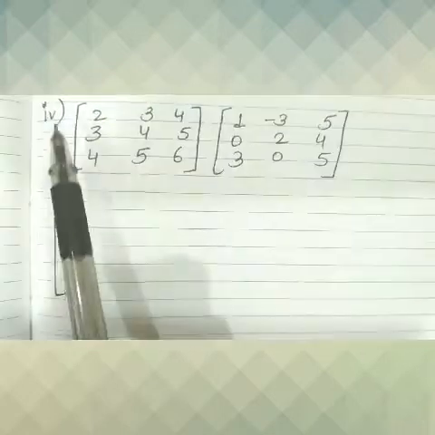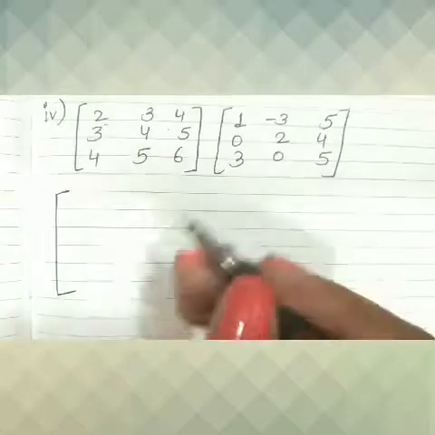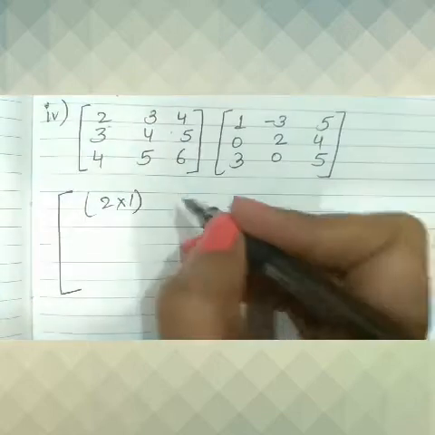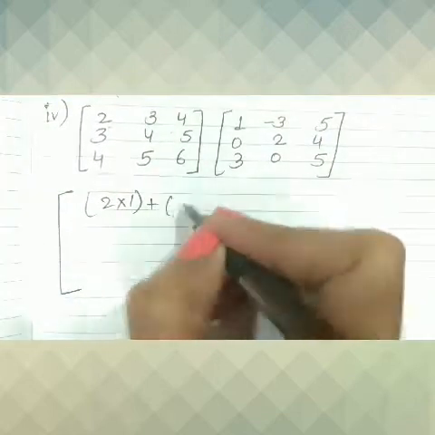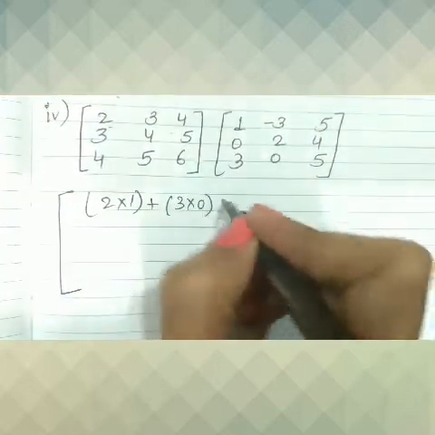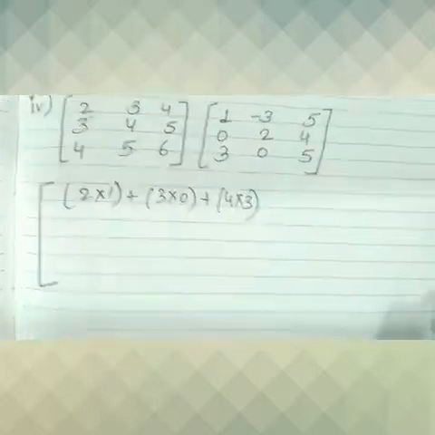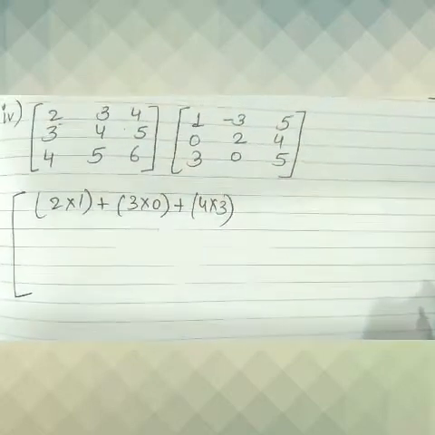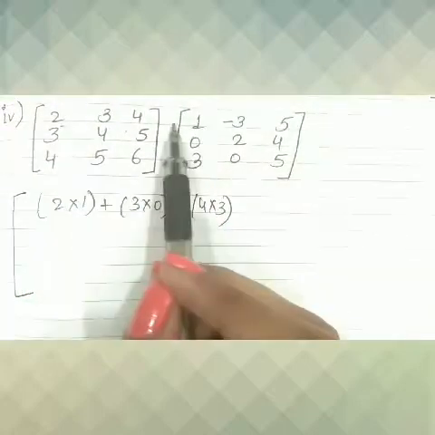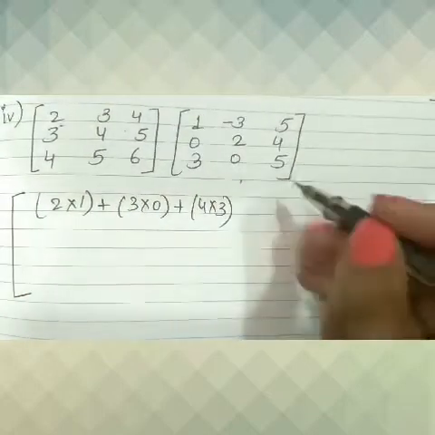Again multiply first row by first column. So it will become 2 into 1 plus 3 into 0 plus 4 into 3. Next multiply first row by second column.